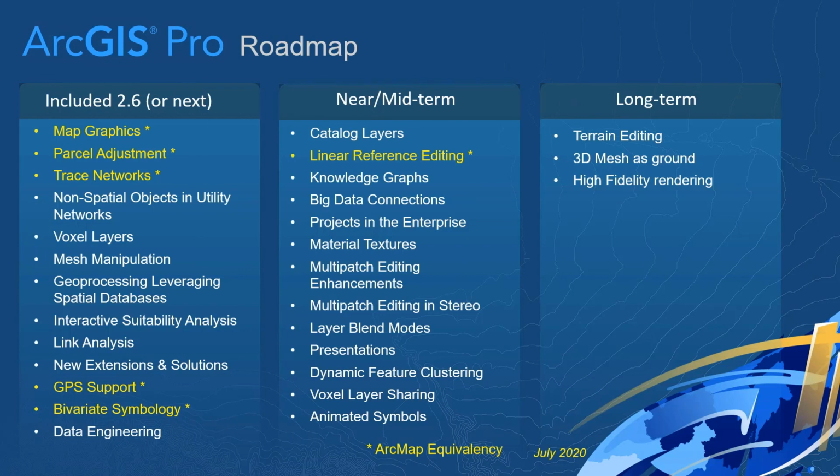And in our long-term plans for ArcGIS Pro, there's terrain editing, 3D mesh as ground, which is the ability to use integrated mesh or TIN information as a true triangulated ground surface that would be more precise than our raster surfaces and allow structures such as tunnels and mines. And there's high fidelity rendering, and that's the ability to use material properties for smoothness, glossiness, roughness, and other characteristics to render realistic textures in 3D.